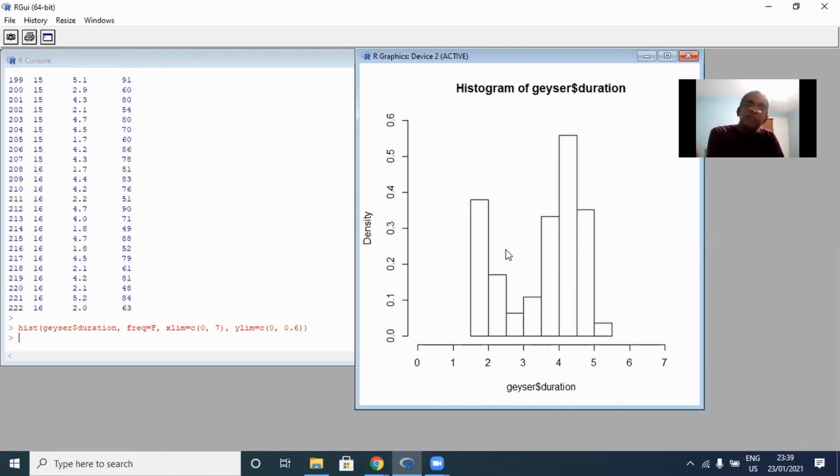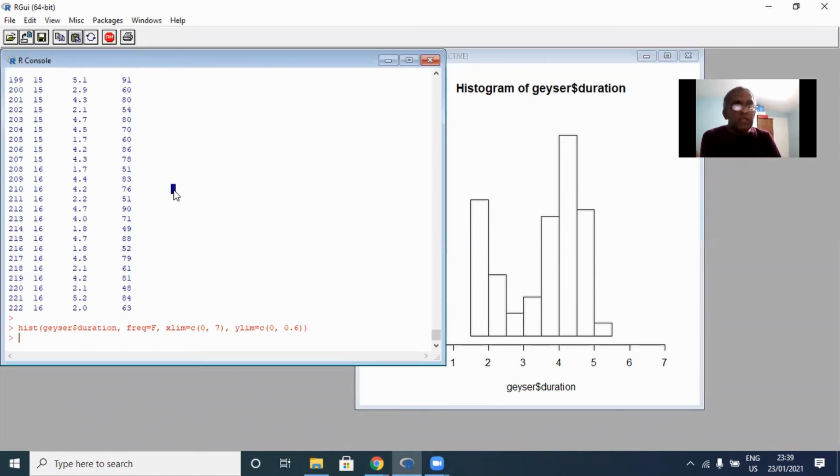The next thing I want to do is plot on top of this a fitted normal PDF. To do that, first we need to define the x values. So suppose xg is a sequence from 0 to 7 in steps of 0.2.